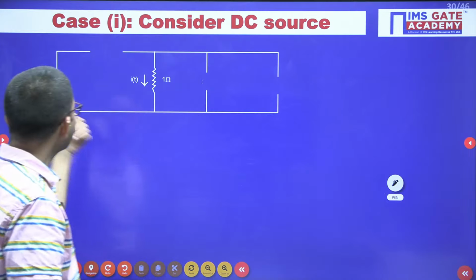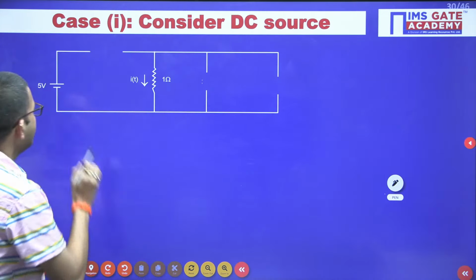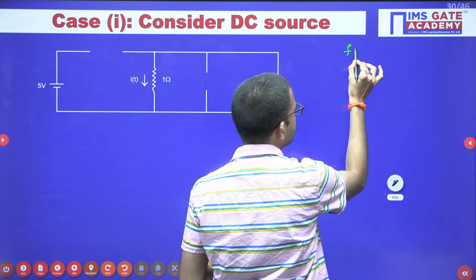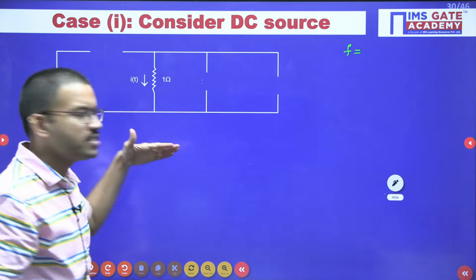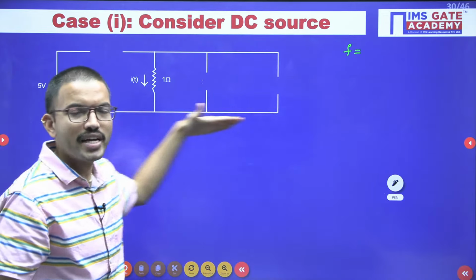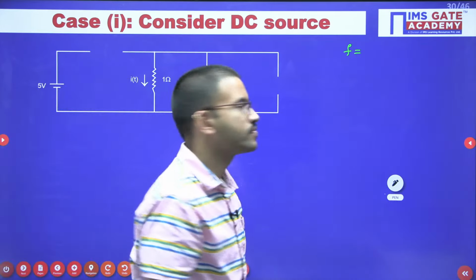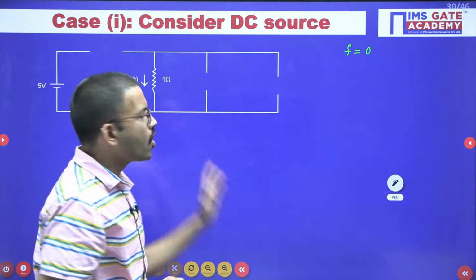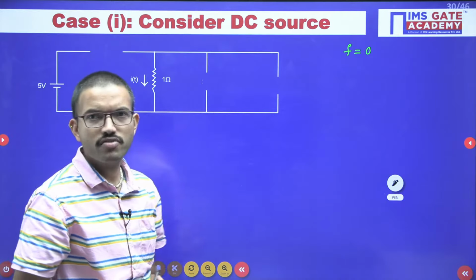Whenever we are considering a DC source, that means frequency is what? See, here we are considering 5 volt. That means throughout the time we are having only 5 volt. That means frequency is how much? 0. Correct? Frequency is 0. For all the time instants, we got 5 volt. That means the corresponding frequency is 0.